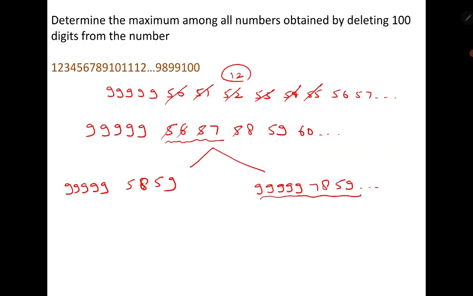We deleted till 5, 6 because in 50, 51, 52 and so on, after 5 the next digit is smaller than 5 till 55, then next is 56, so I don't have any other choice. I deleted 6 also, but after that there was a choice, and by making this choice we found that this is the maximum number which we are looking for.